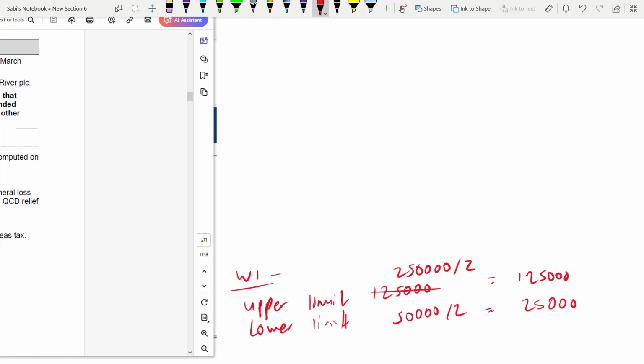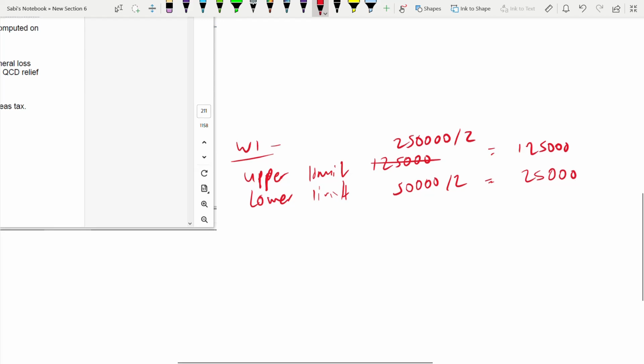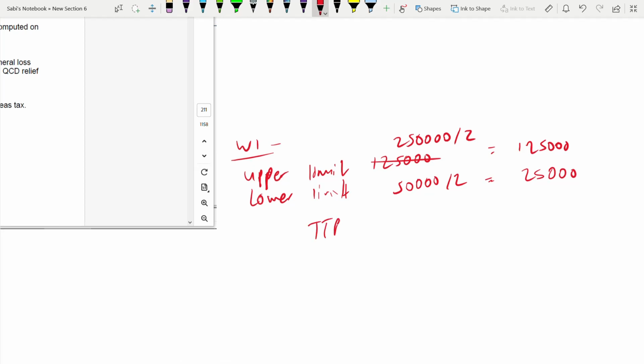So now, what about the dividend that you have received from overseas? Remember, you are a subsidiary. It's an intra-group income, and intra-group income are not included in augmented profit. Therefore, your TTP is equals to your augmented profit. Your dividend received here, because it is from associated company, it is an intra-group. It is exempt.